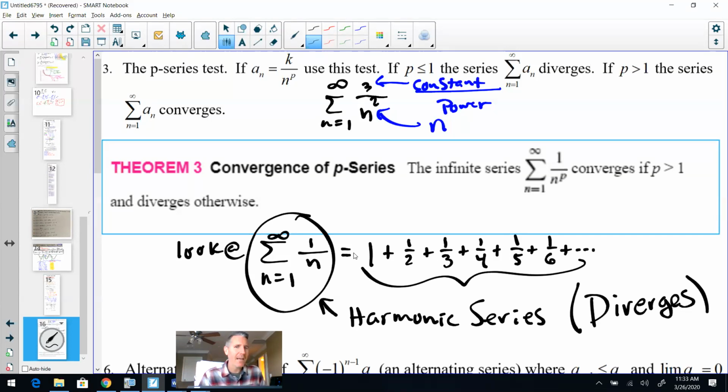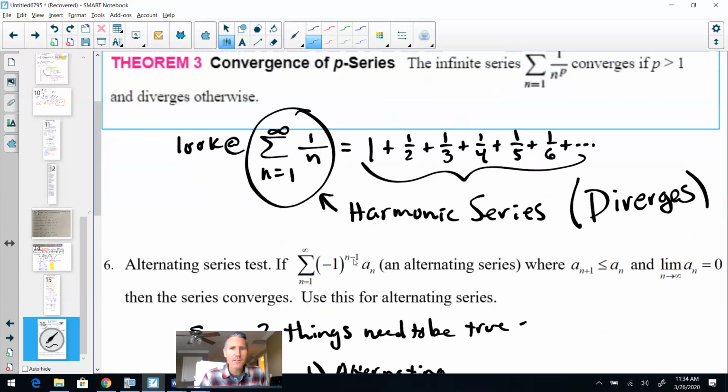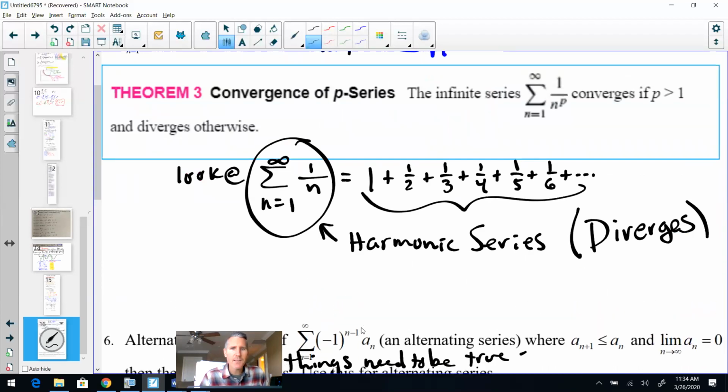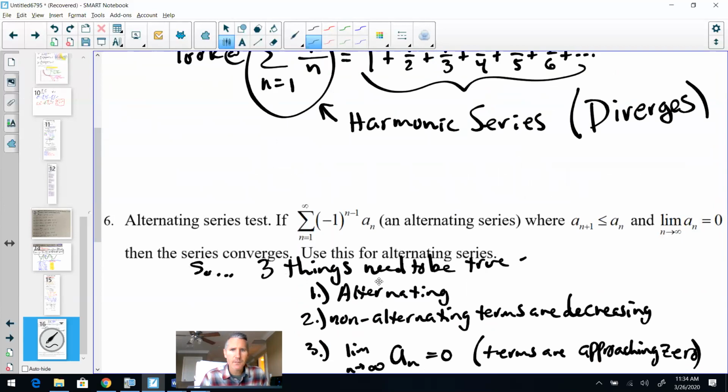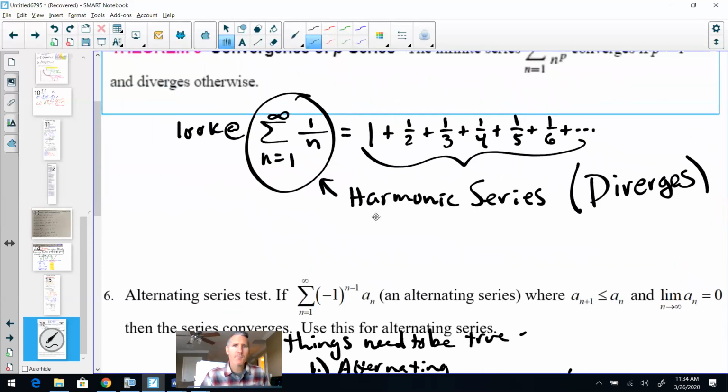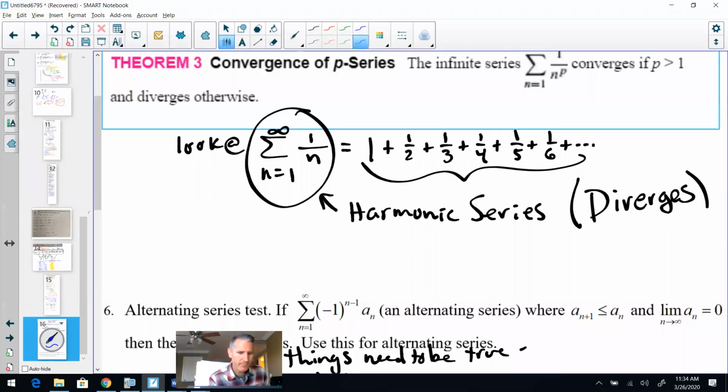But then if you have any other p-series, such as, in this example, the summation as n goes from 3 to infinity of 4 over n to the 1.00001.